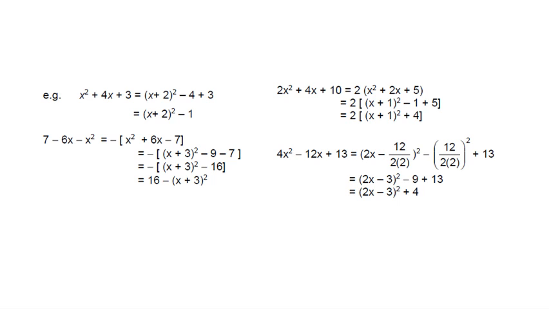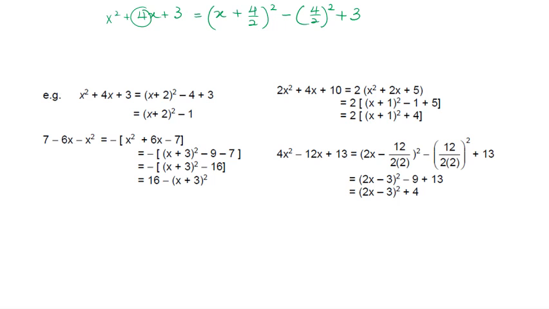So example here, when we have x square plus 4x plus 3, macam nak buat, guna formula yang first tadi. X dah koefisien dia 1, so biarlah. So x plus, b kita is equal to 4. So 4 over 2 square minus 4 over 2 square plus 3.